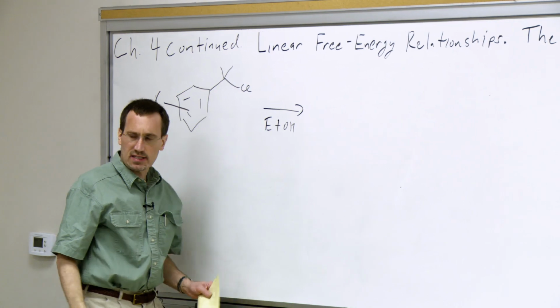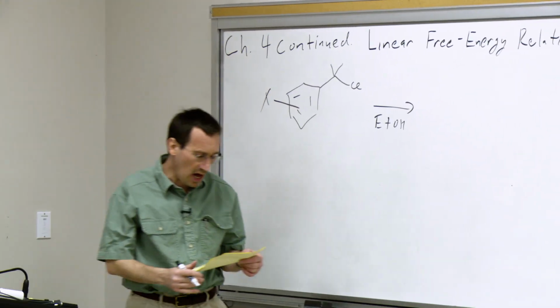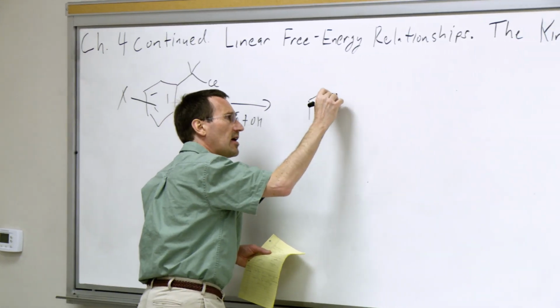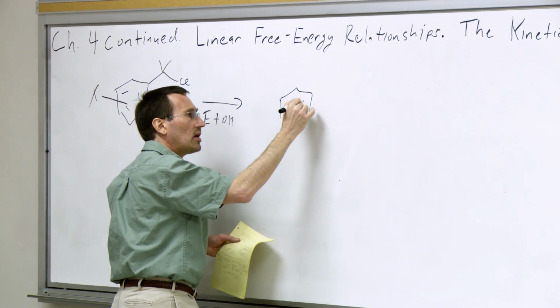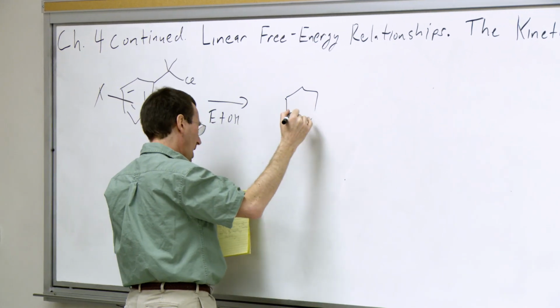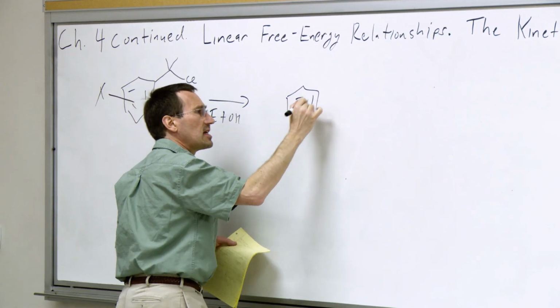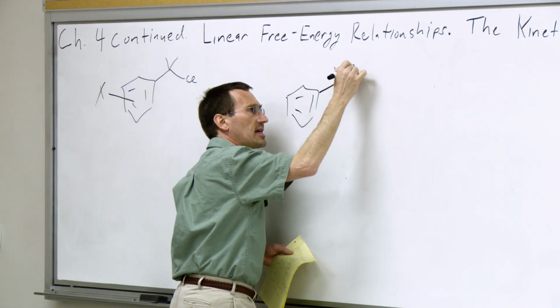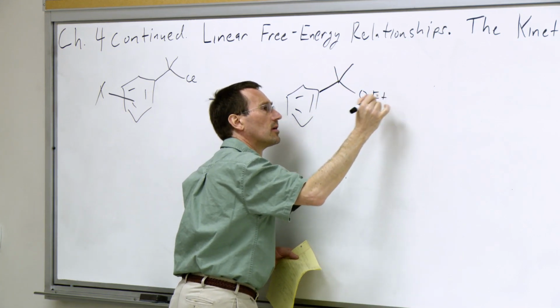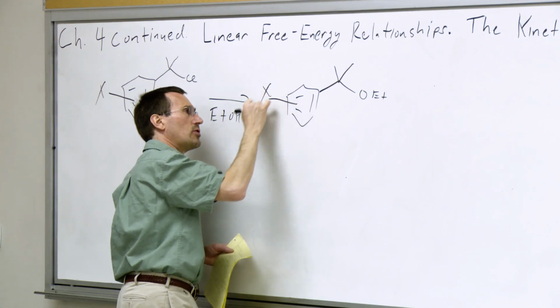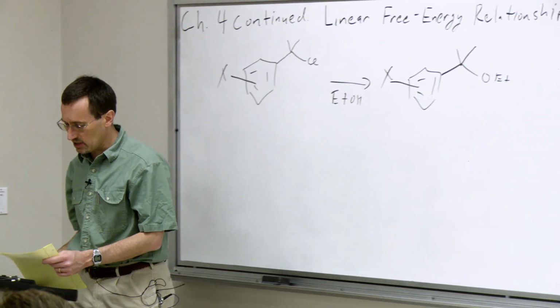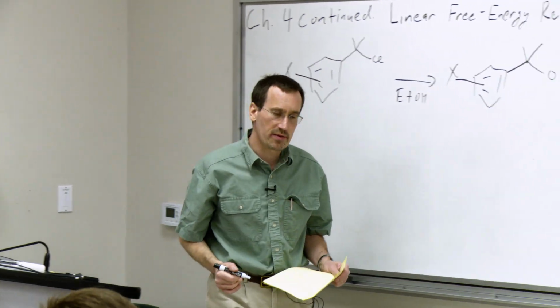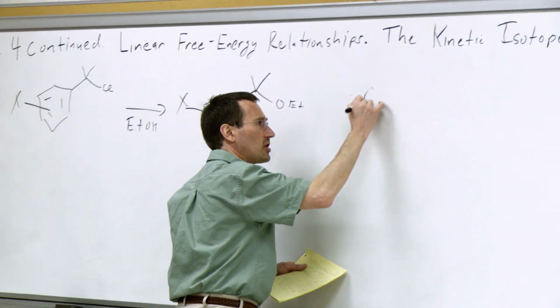So the solvolysis, cleavage of the bond in solvent, in ethanol, of this alkyl chloride would give us the corresponding ethyl ether. And again, I'm going to draw our substituent X as either the meta or para position.